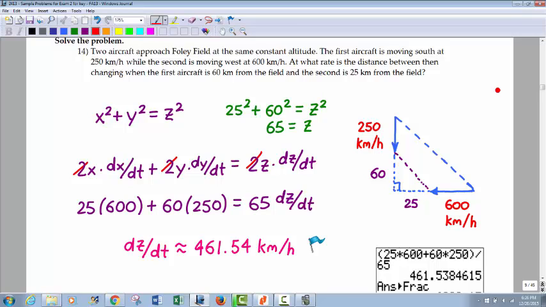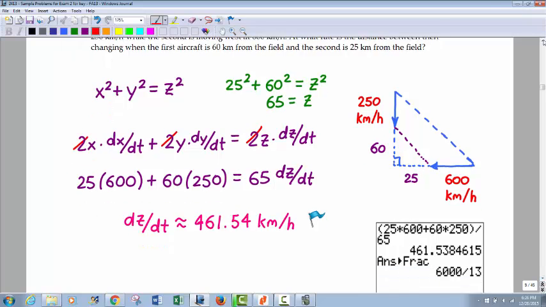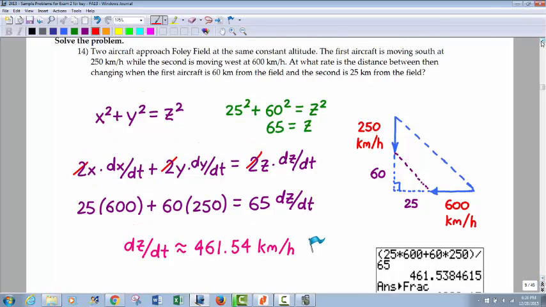Now, I guess you could make a case for this answer being negative, but I would be very careful on trying to set up a problem that would trick you into that. Yeah, I think that maybe my answer should be negative here. But like I said, I would not want that to happen to you. If you get this number right, I would want you to get the right answer.